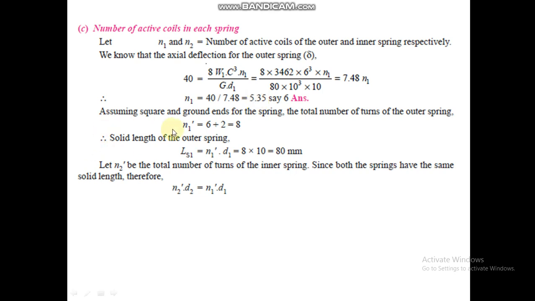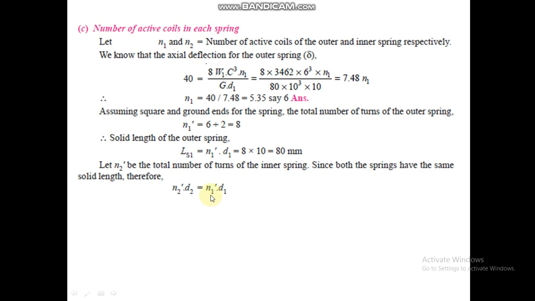So we will add 2 in the answer because we are assuming square and ground ends. So N1 dash will be 8 and the solid length comes out to be N1 dash into D1, so it will be 80. Similarly for the second spring, since the solid length of both the springs is equal, we can write N2 dash D2, the solid length of the second spring, and the solid length of the first spring, both are equal.